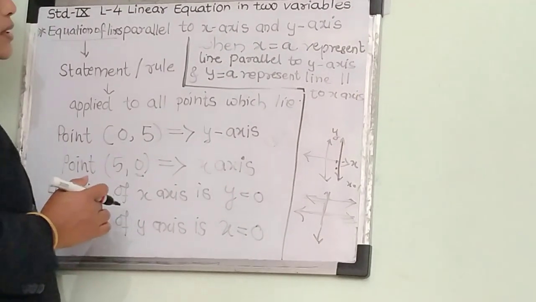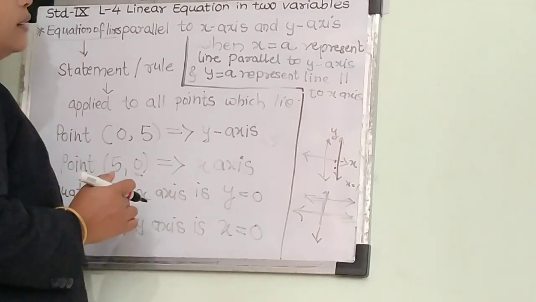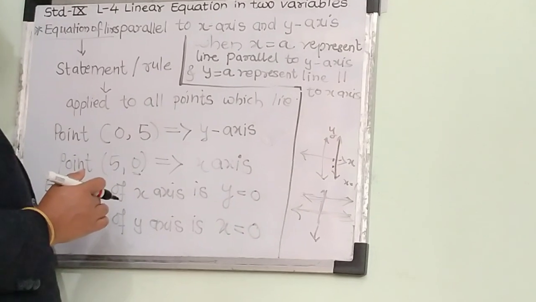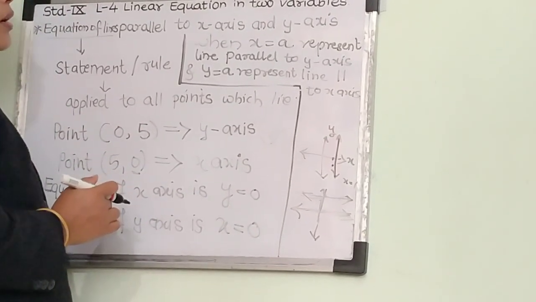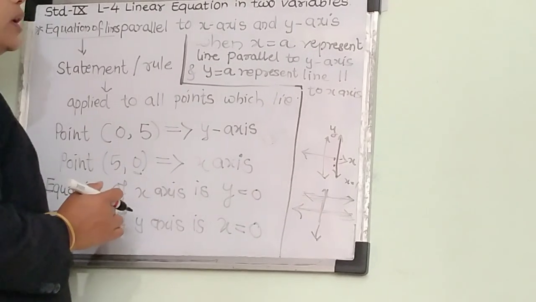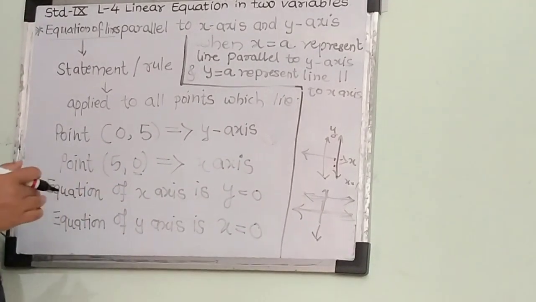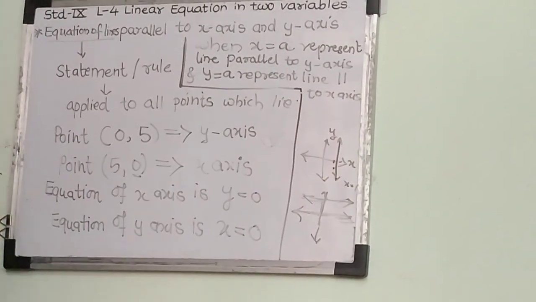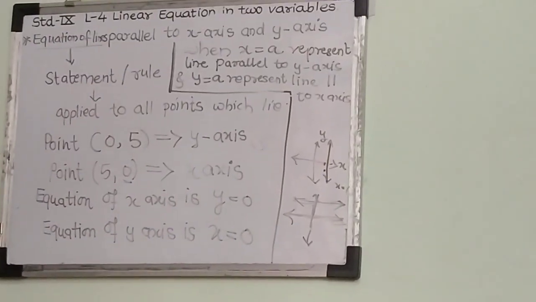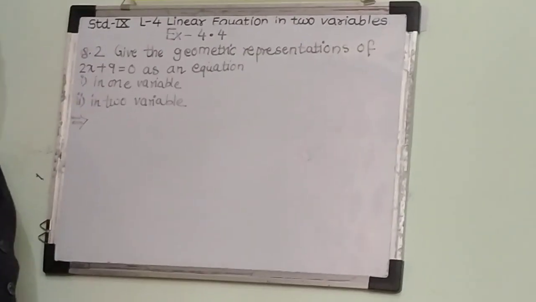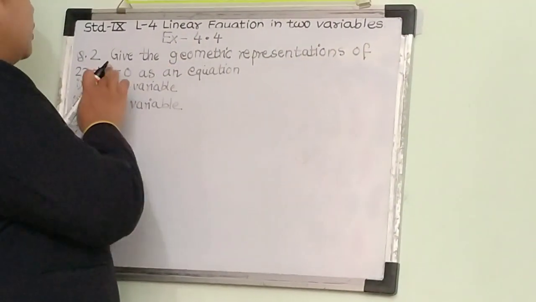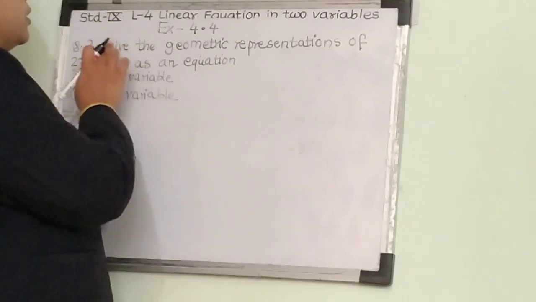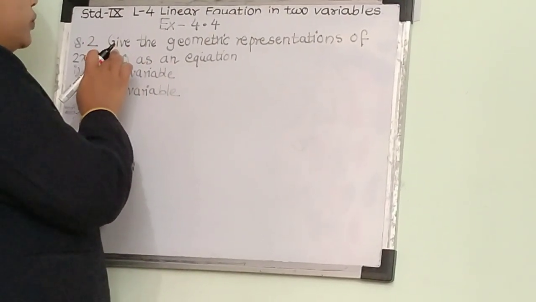So on this basis we are going to take one example from exercise 4.4. So let us take one example from the exercise 4.4. Now see the exercise 4.4, question number 2. The first question is for homework.